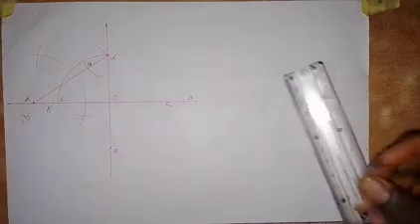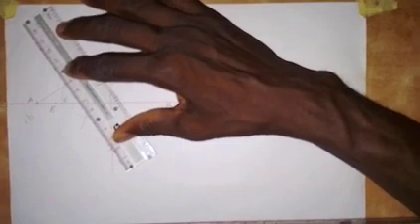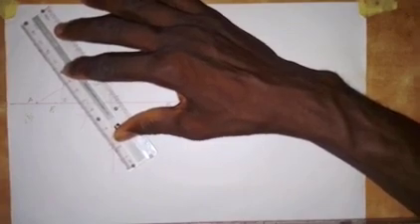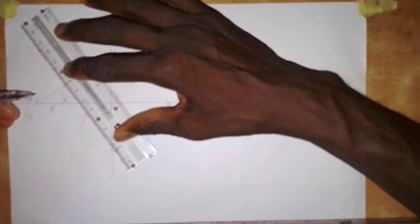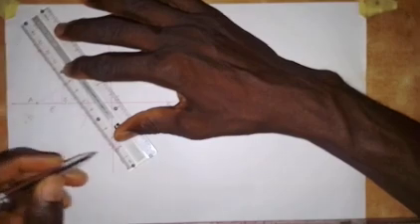That means I'm drawing a perpendicular bisector of line AG. So draw the perpendicular bisector of AG like this.